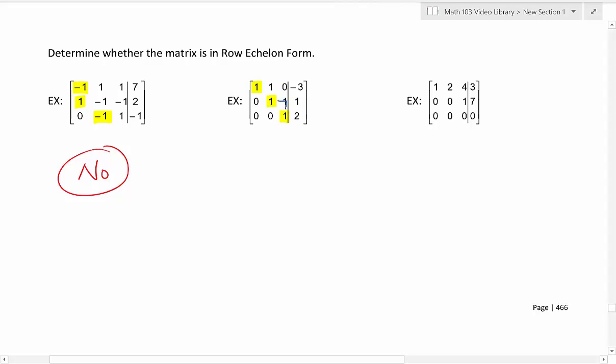And we see that the leading 1 in the row above is always farther to the left. And then our last characteristic to check is below each leading 1, it needs to be all zeros. So if we look below our leading 1s, is it all zeros? Yes, it is. So this is in row echelon form.